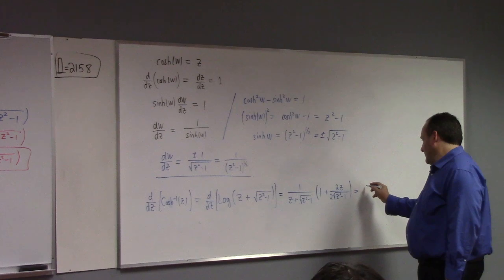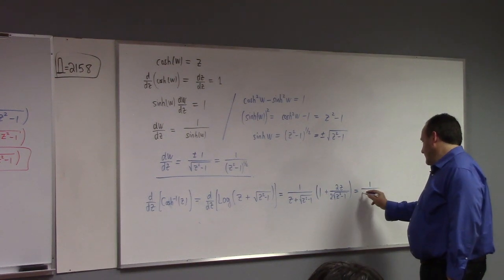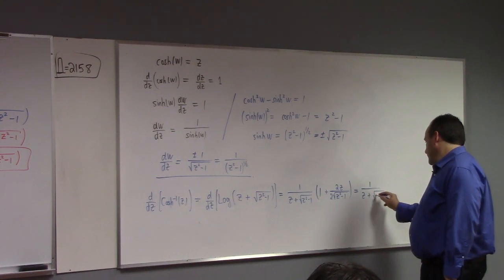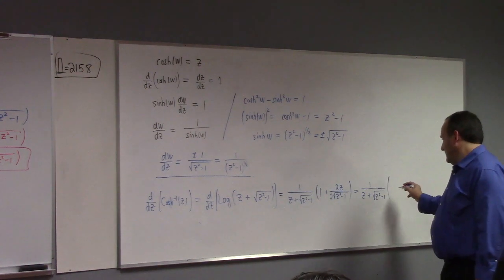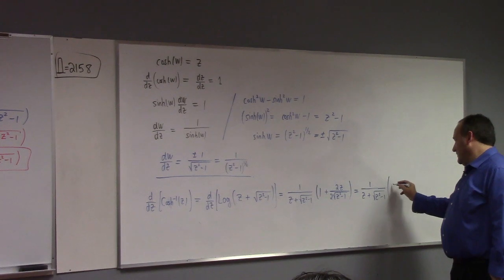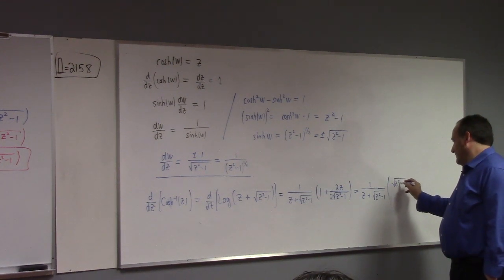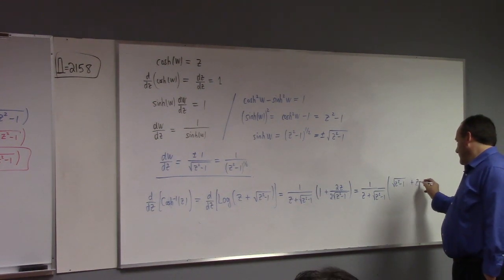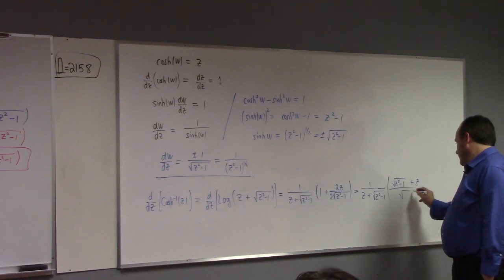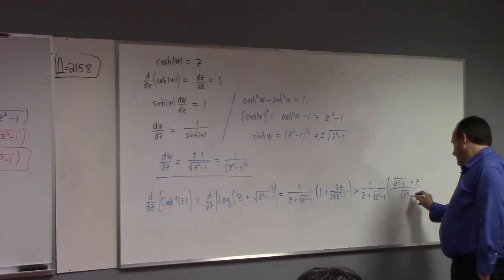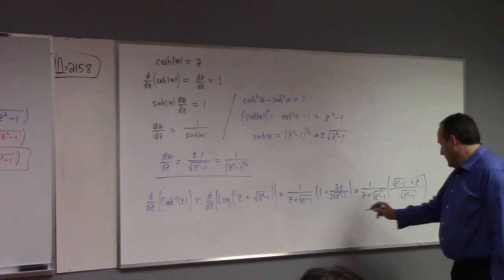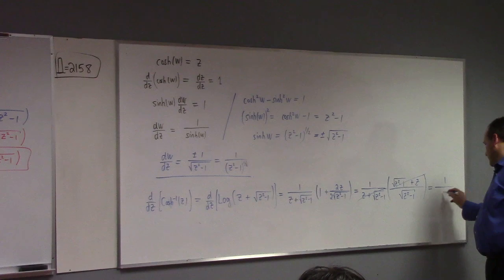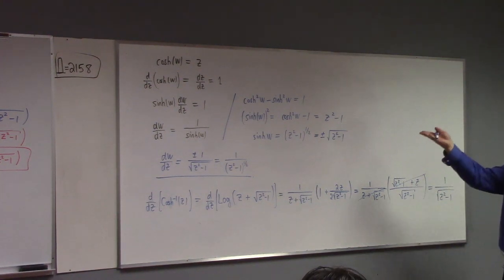The 2's cancel, and we've got 1 over z plus the square root of z squared minus 1, and then the square root of z squared minus 1 plus z divided by the square root of z squared minus 1. What do you know? Woohoo! And we're right back to where we got to a far less complicated way, as I showed you up above.